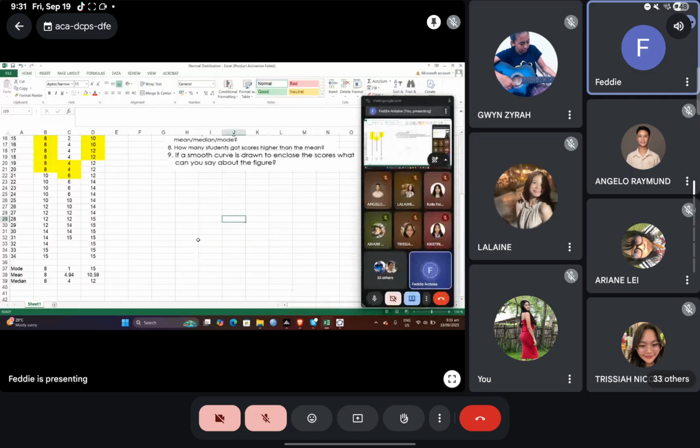Now, based on the properties of the normal curve, which of this data is considered normally distributed? Anyone? Group 1, 2, or 3?